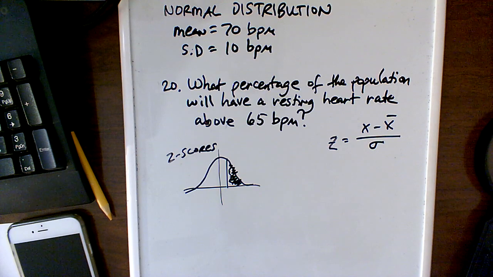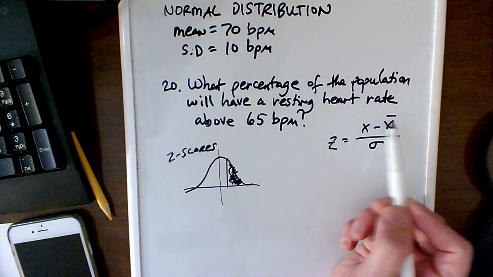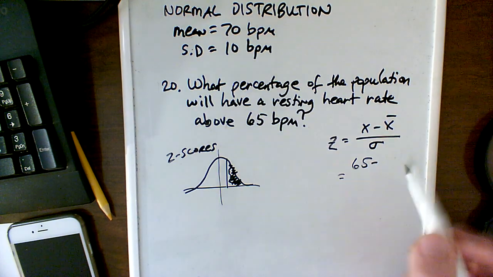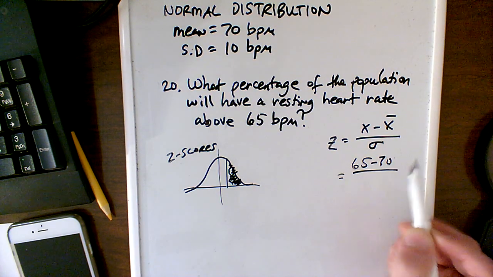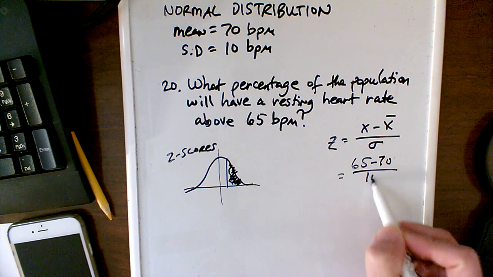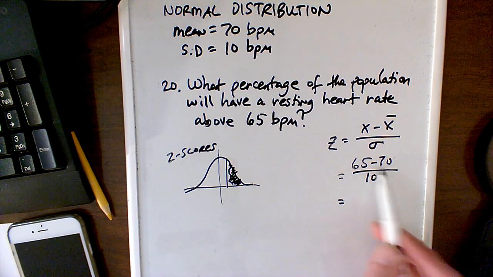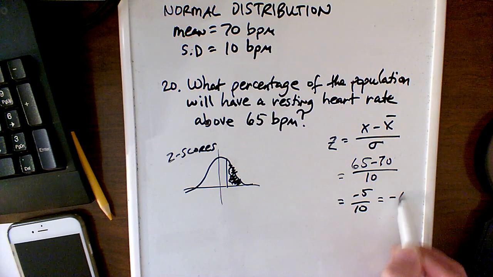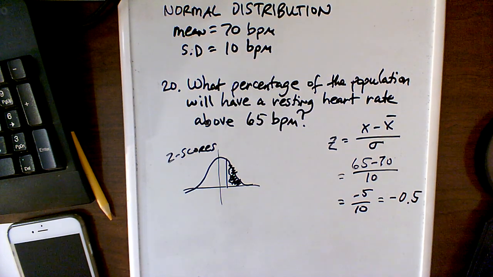We do that by taking the data point of 65 and we're going to subtract the mean. The mean is 70 in this problem, and divide by the standard deviation, which is 10. So we end up with negative 5 over 10, which is negative 0.5.